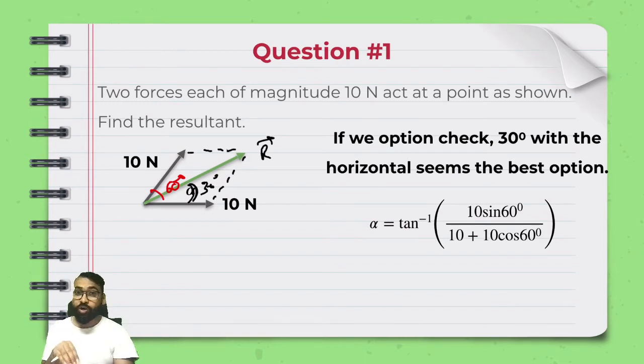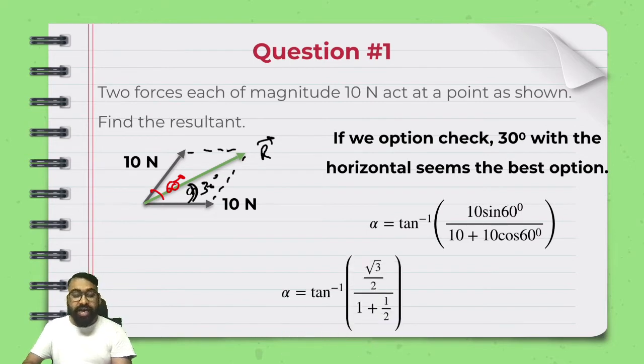If you are directly watching this session, I would prefer you watch the previous one to understand where we come from if we directly write down like this. But now only maths is to be done. You put the value of sine 60 and cos 60 correctly, you'll get alpha as tan inverse of root 3 by 2 divided by 1 plus 1 by 2. How do we get this?